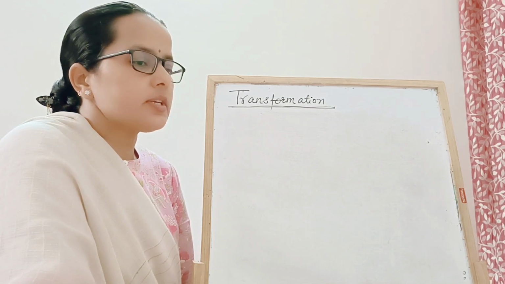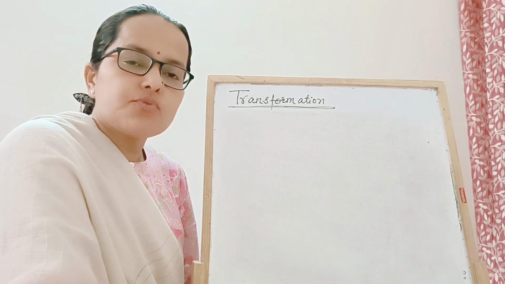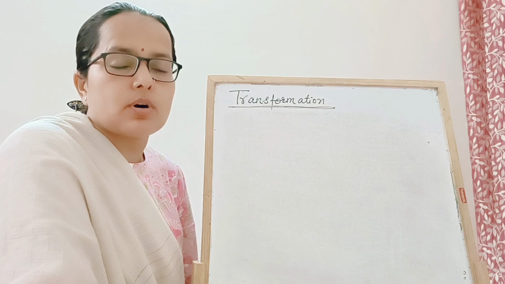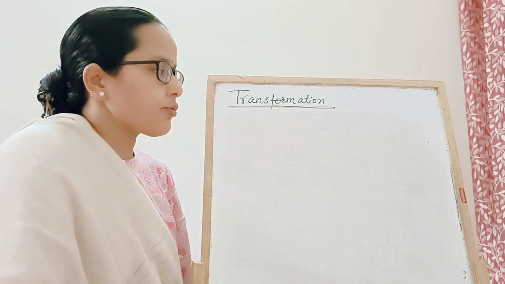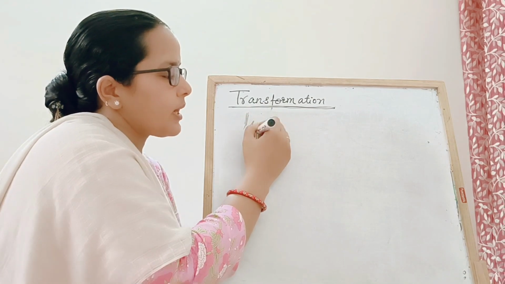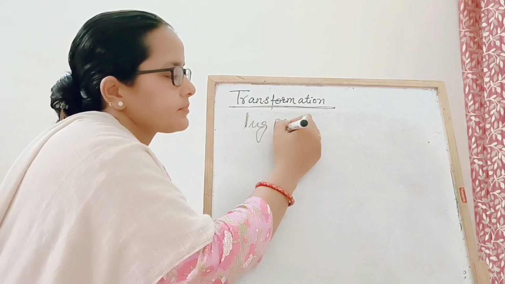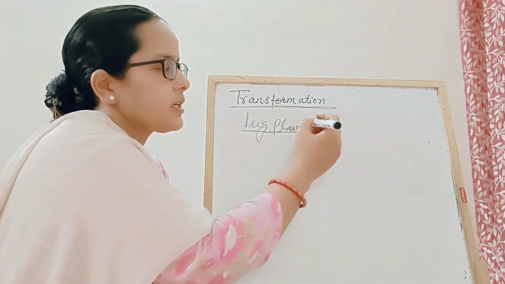Transformation is about seeing how many transformants, recombinants or positive clones you get after transforming 1 microgram of plasmid. Suppose you have 1 microgram of plasmid and you transform it.